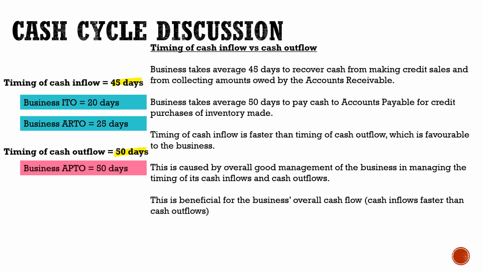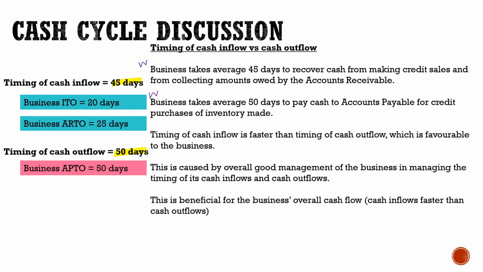Let's look at what this means. The business takes an average of 45 days to recover cash from making credit sales and from collecting amounts owed by the accounts receivable. So that's the W there. The business takes an average of 50 days to pay cash to its accounts payable for credit purchases of inventory made. That's the W there as well.